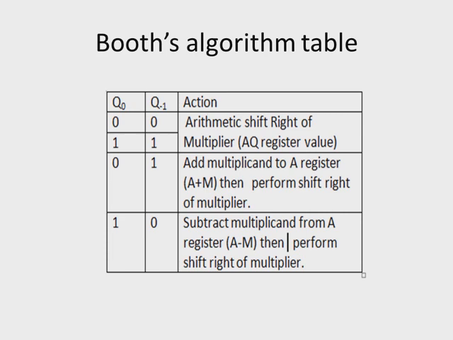That is, the content of the AQ register is shifted right by 1 bit position. For 0 1, the multiplicand is added to the content of the A register, then shift right operation is performed. For 1 0, subtraction between A and the M register, then right shift takes place.